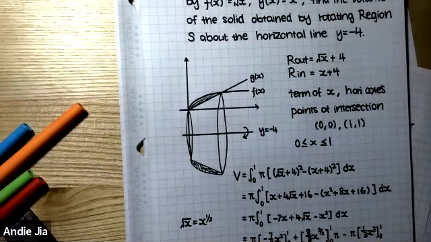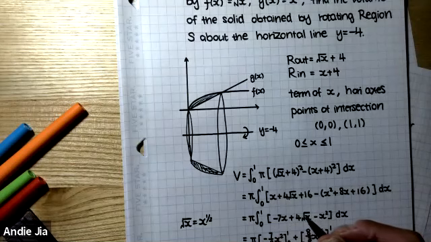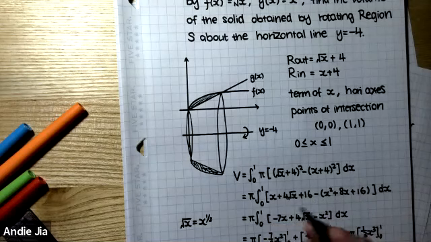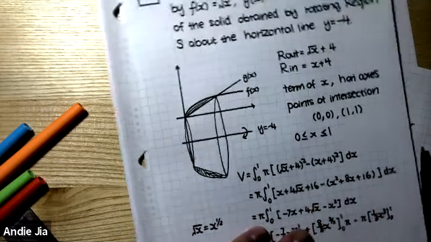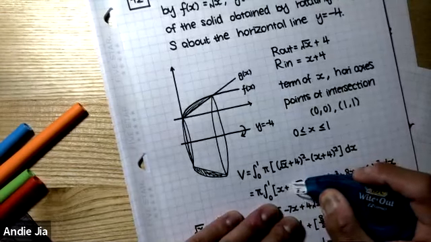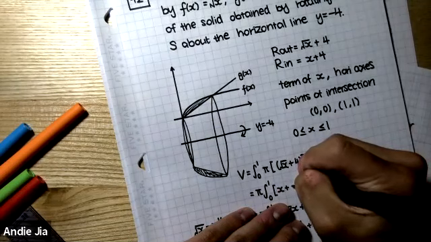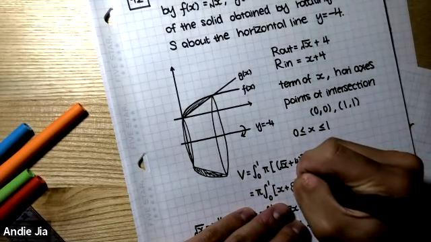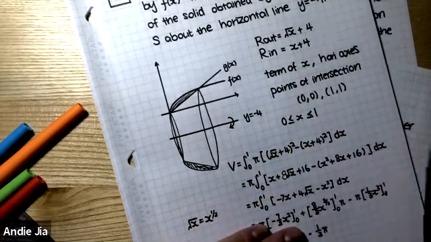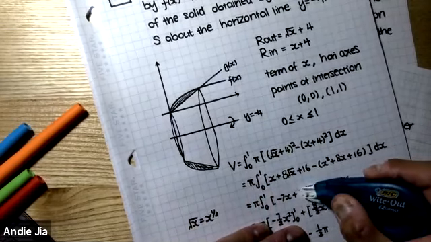Here's a 1 and a 0, so it's going to be negative 4. Make sure, my mistake, it should be 8, not 4. I'm so sorry for the mistake.